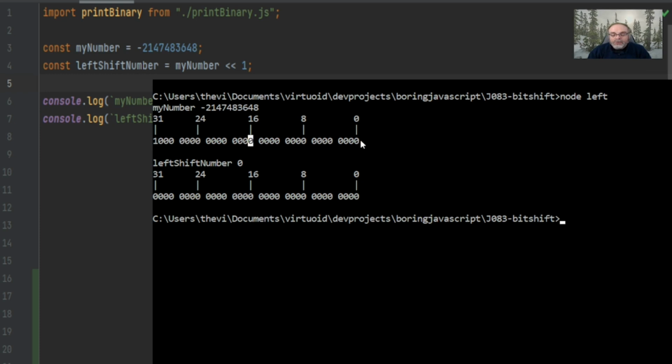So the number you're actually working with here is only 31 bits long, because that last bit is going to be a sign bit. If that number is 0, it's considered a positive number. If that number is 1, it's considered a negative number. So that's the only exception to the rule here: when you're working with signed numbers, which JavaScript is, obviously, because you can have negative numbers there, that last bit is always number 1.